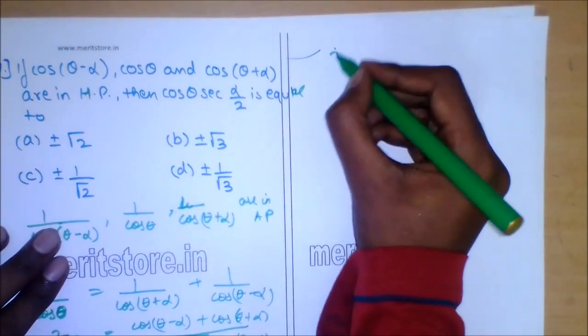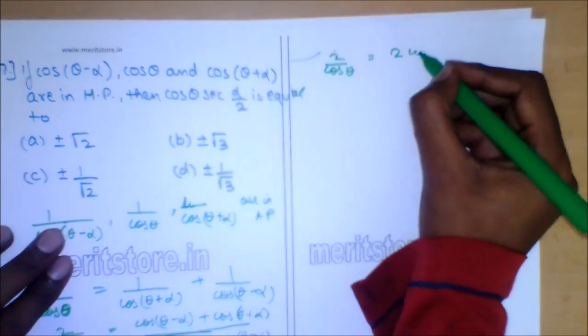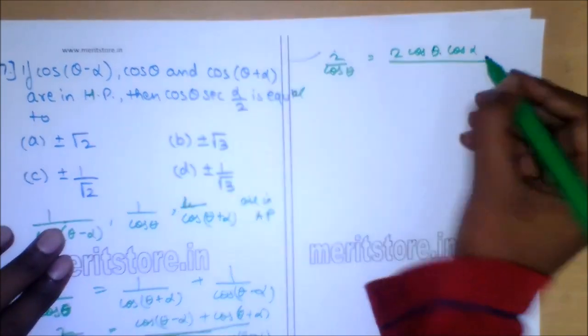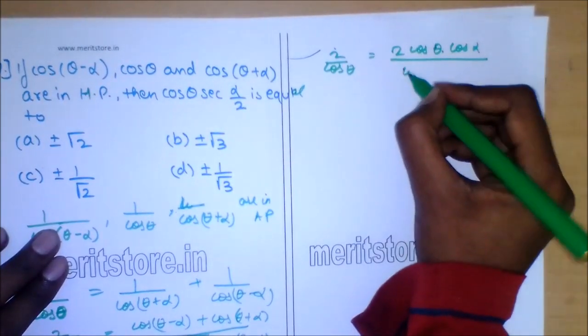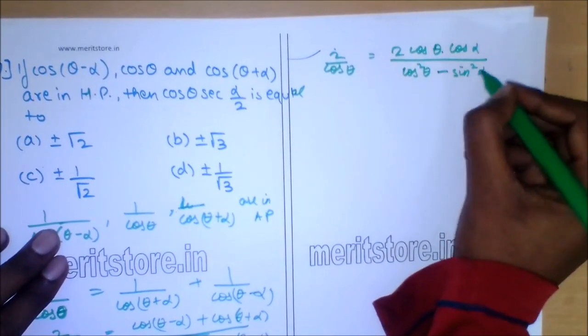We can rewrite this as 2 upon cos theta equals 2 into cos theta into cos alpha upon cos square theta minus sin square alpha.